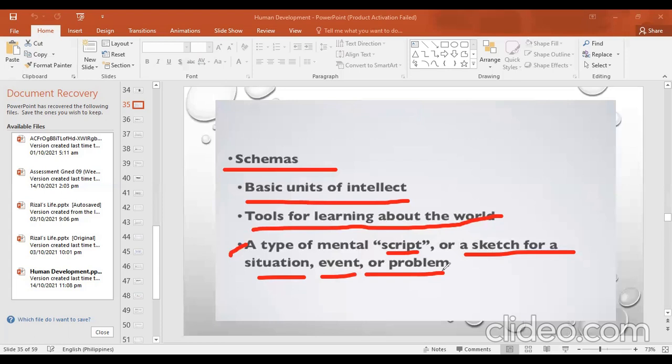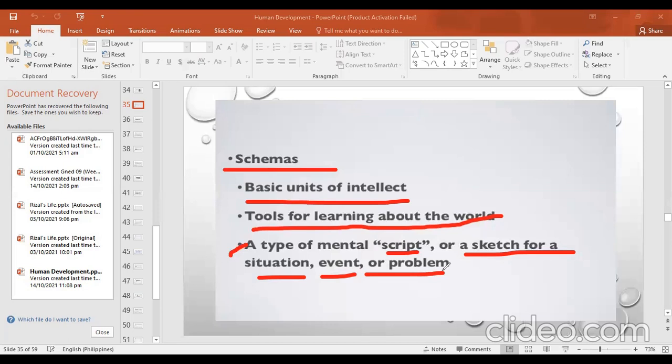Tapos nakita mo yung dog na may tail, mabalahibo, tapos nakatayo yung kanyang tenga, tapos nagbabark siya or tumatahol siya. So ikaw, no, nagkaroon ka na ng pattern kung paano mo malalaman na yun ay dog.